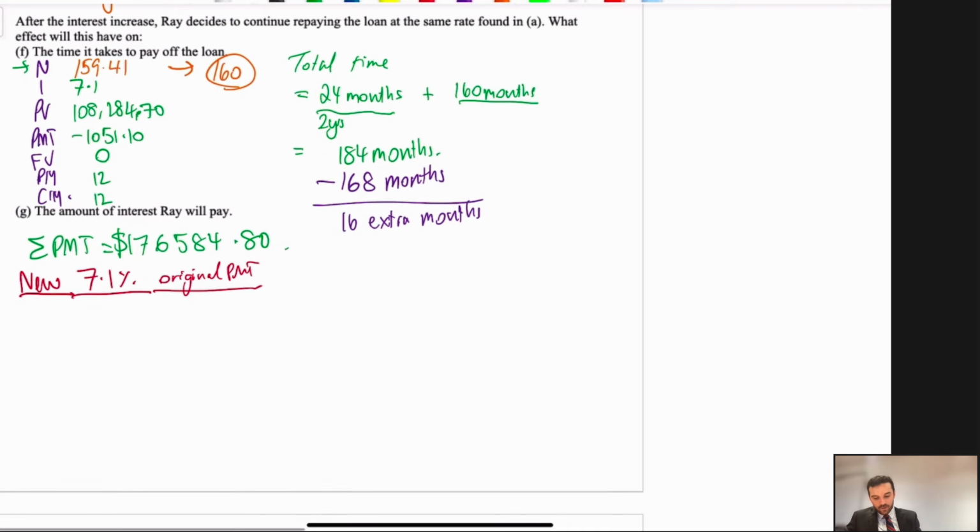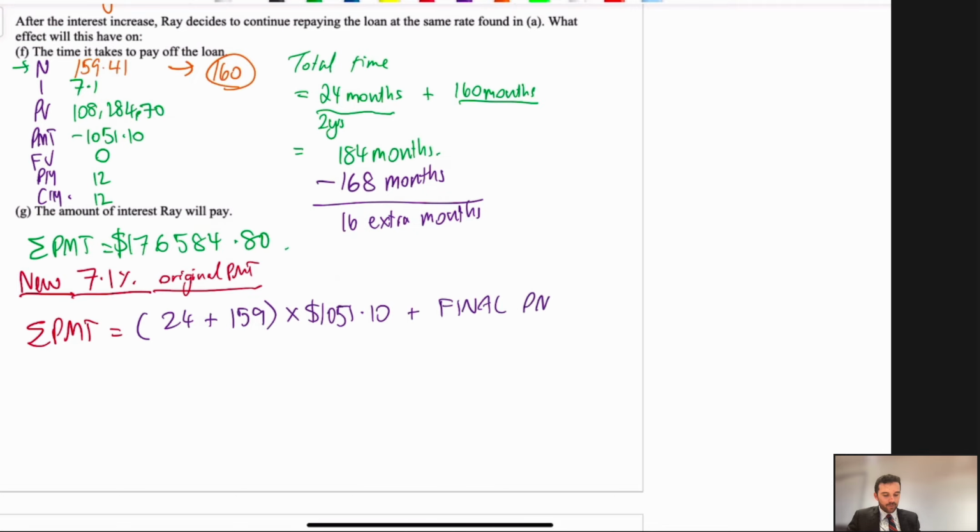So the sum of the payments he's done: you've got the first 2 years, so the first 24 months, plus 159 more months of paying at that rate of 1051.10. Then there's that final payment that we have to work out.